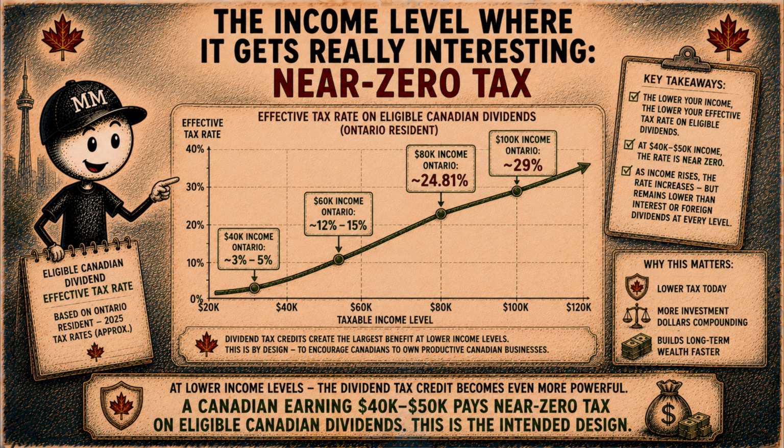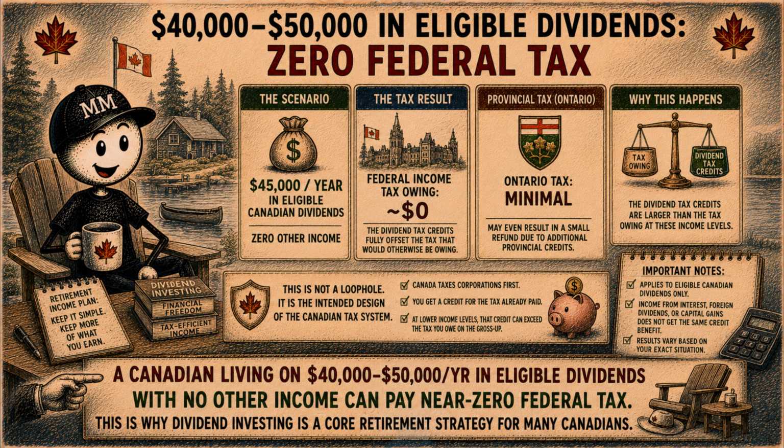A Canadian with no other income, relying solely on eligible Canadian dividends, can receive approximately $40,000 to $50,000 in annual dividend income in Ontario and pay zero federal income tax. The dividend tax credits fully offset the tax that would otherwise be owing.